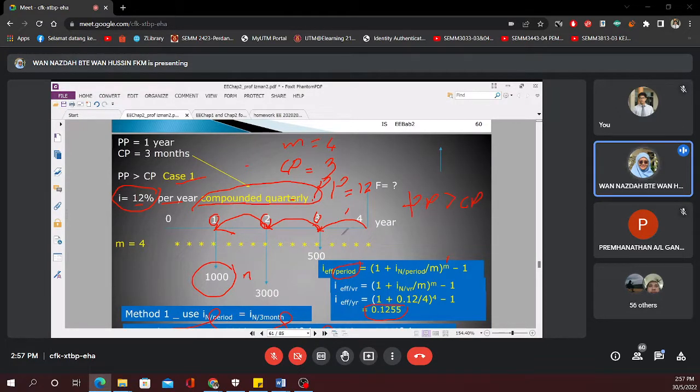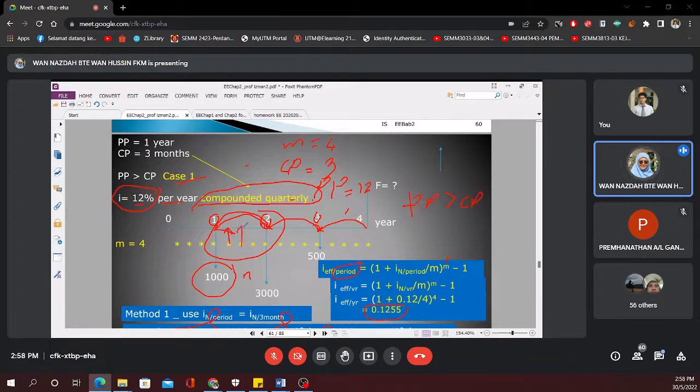Okay. Untuk situasi ini, okay, for example, this payment for 1,000 that happened at year 1, okay, if you want to determine the future value for this 1,000 at the end of year 4, so during 1 year, it did not happen 12% per year, but okay, it happened every 3 months.